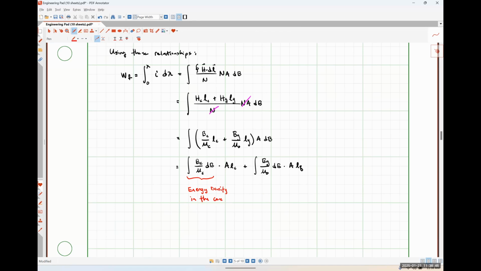So this will be WF subscript C, okay? And very similarly, this term over here will be the energy density in the air gap. So we'll do this as dWFG.